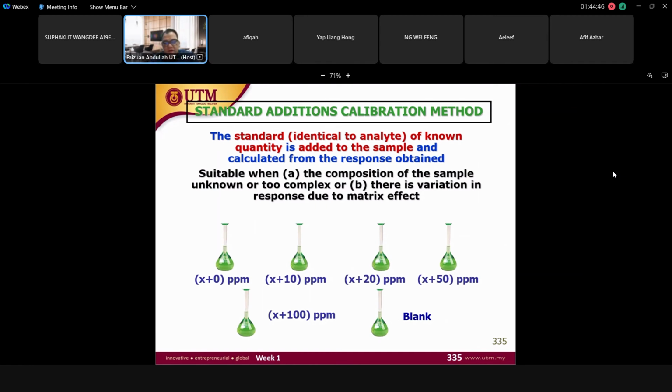The second calibration method we call standard addition calibration. How to do it? Instead of using distilled water to prepare all the standards, now we use the sample itself. For example, you have a seawater sample. Use the seawater sample to prepare the standard calibration.